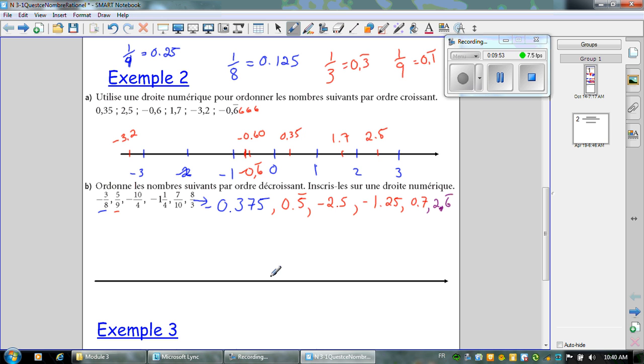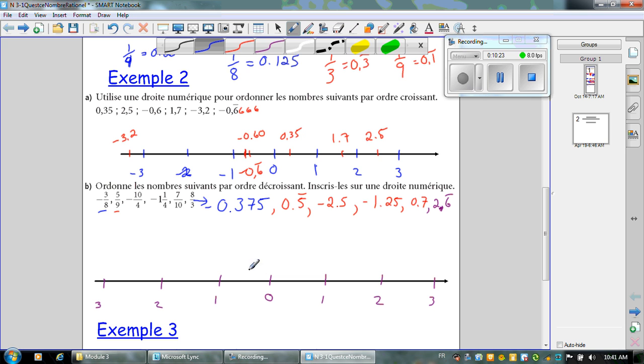So I'm just going to do the same thing as above: 0 in the middle, and get to 3 on each side. Then I'm going to place each one. Negative 0.375 would be just after zero, around a third of the way.